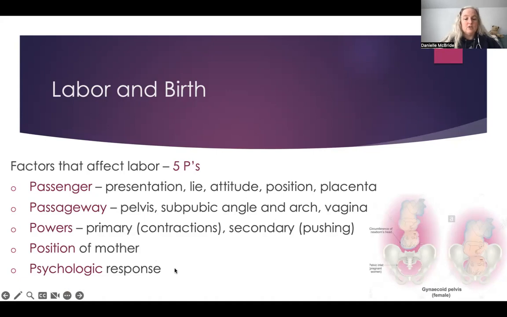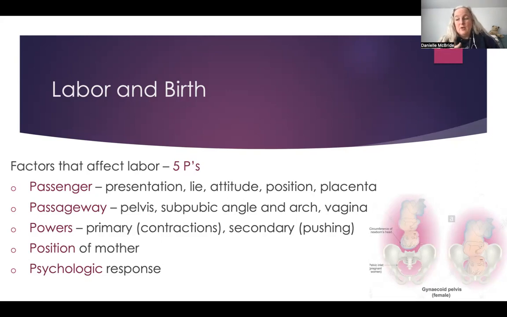And then the psychologic response. How is mom coping? The psychologic response plays a big role in labor. If she's not coping well, her body is tense, it's tight, the muscles are holding things up, the lower uterine segment, or like the pelvic floor, everything is just snug and holding the baby and not giving space for the baby to come down.